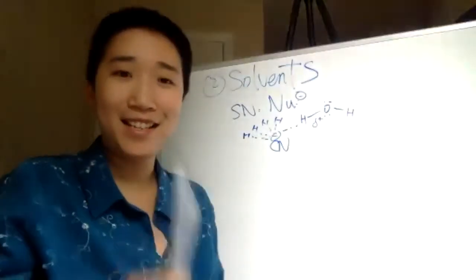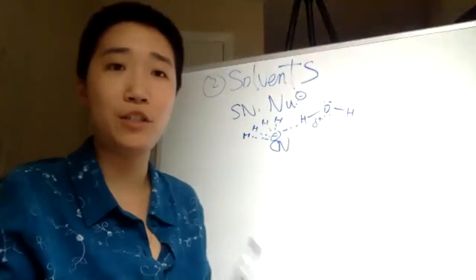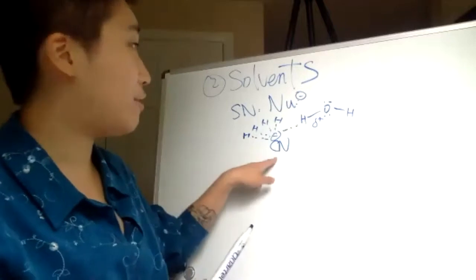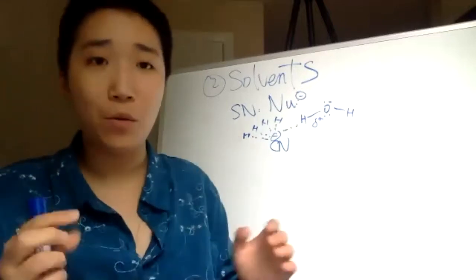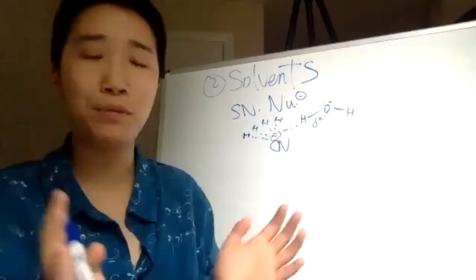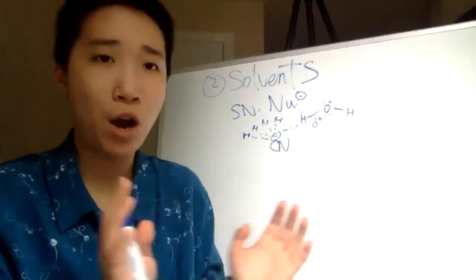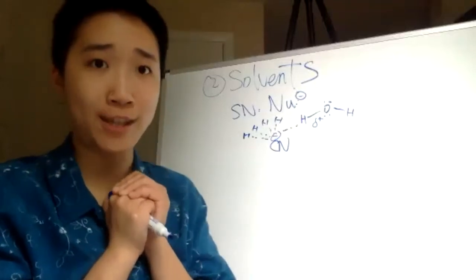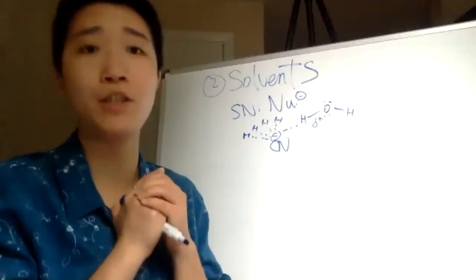However, in this case, we're trying to do a substitution reaction. So we want our nucleophile to collide with our electrophile. But now our nucleophile is surrounded completely by irrelevant water, which does not participate in a reaction. So is it a good thing or a bad thing for the substitution reaction?